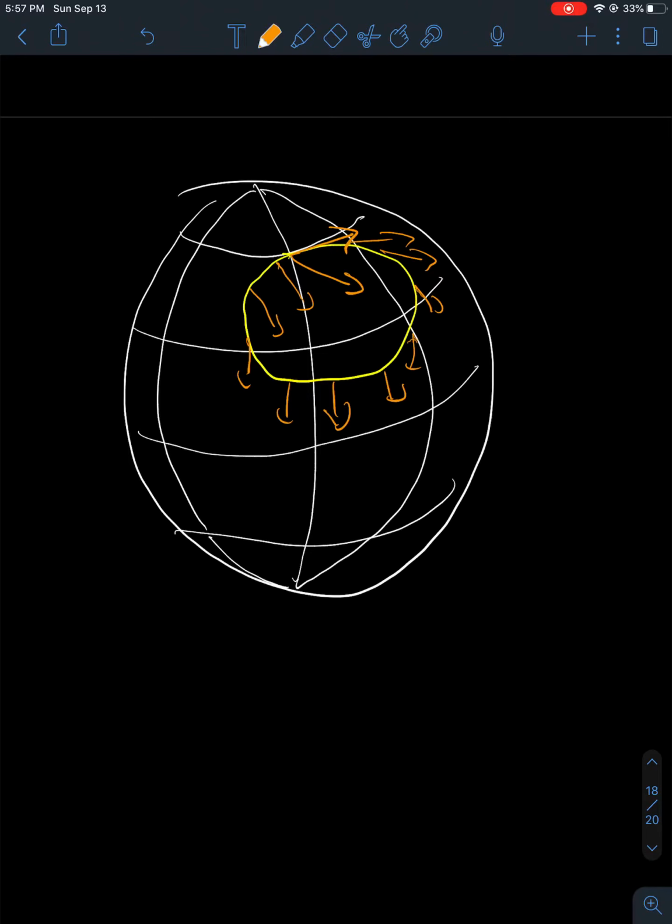Try it yourself. Take a vector and make the vector tangent to the sphere. For the vector to remain tangent to that sphere, the vector needs to change its direction.